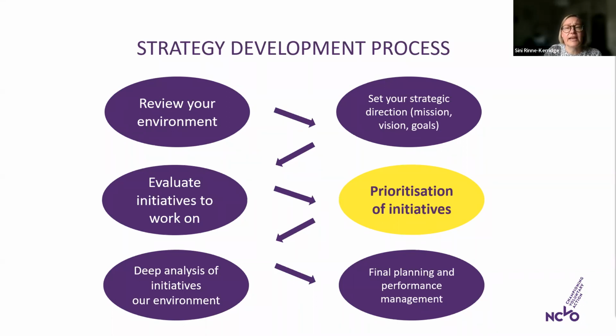Once you have an understanding of the environment you operate in, you're in a much better position to set your strategic direction and identify what your organization stands for. That is, your mission, your vision, your goals, and so forth. The next step is to identify your core competencies, the things you're good at, and then prioritize the different initiatives that you will deliver. In practice, you're likely to do a number of these mini cycles as part of this process.